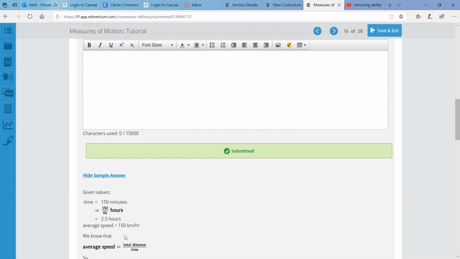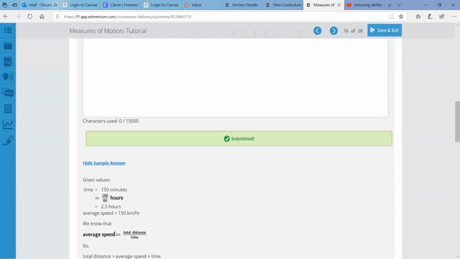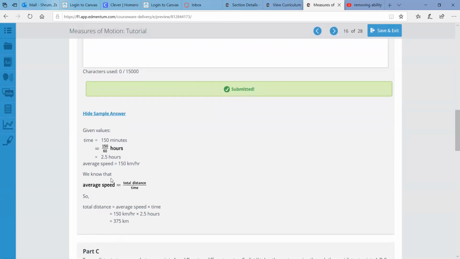And we're also given the average speed, 150 kilometers per hour. So if average speed equals total distance divided by total time, you can solve for total distance. Average speed times time, we have 150 kilometers per hour times 2.5 hours, and that leaves you with 375 kilometers.